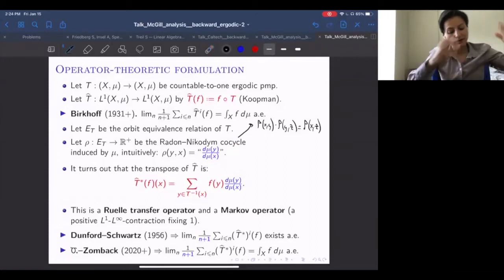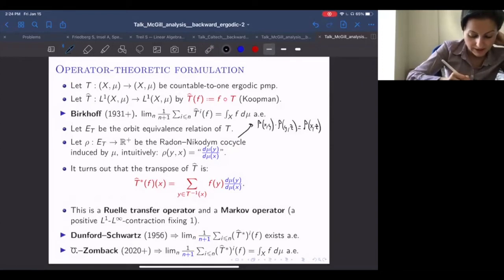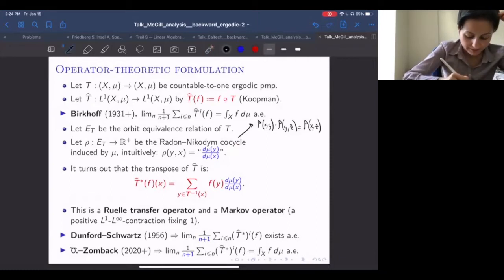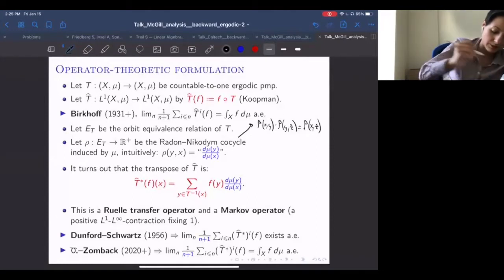And the point of this cocycle is that it makes mu rho-invariant. So this cocycle corrects the error of invariance in some sense for the equivalence relation.